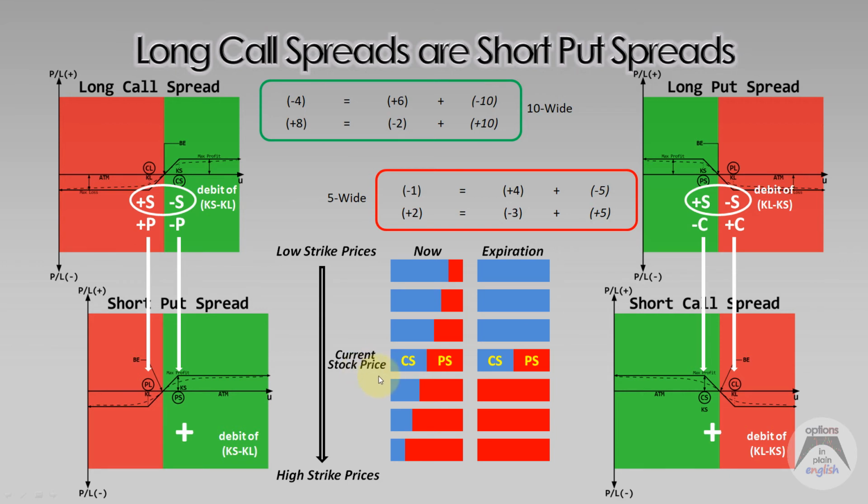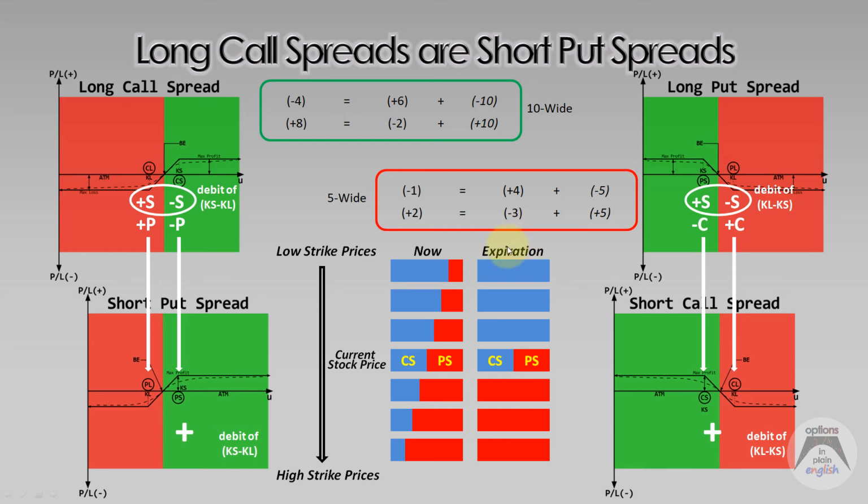So in this case, for example, if I was bullish, or bullish to neutral, so I think that the price is either going to stay here or it's going to go higher, then rather than buying the call spread and letting it go to expiration at max value, what I'm going to do is sell the put spread and then let it expire worthless.